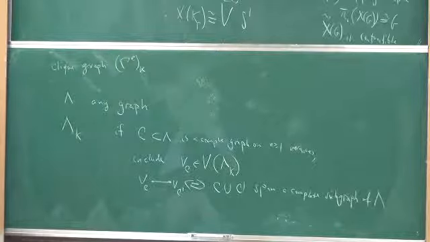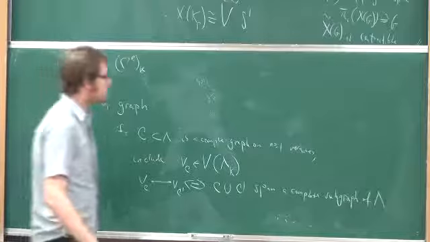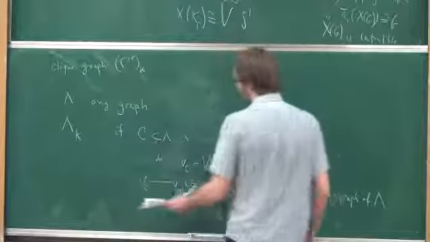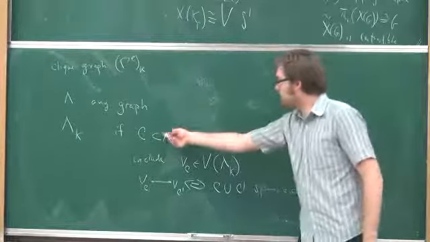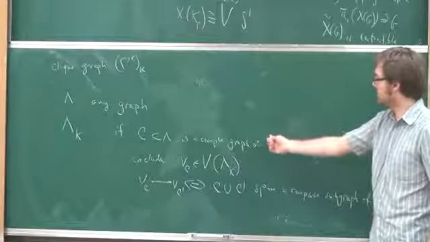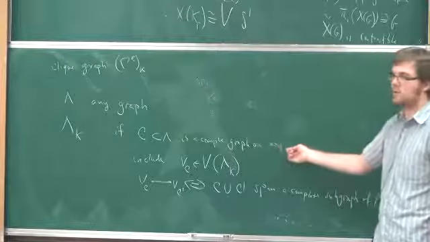So just to give you a little bit of a feel for what this looks like, it looks a lot like lambda, especially when lambda is big. So first of all, lambda_k contains lambda itself, because I said that we add these vertices, one for each complete subgraph on at least one vertex.